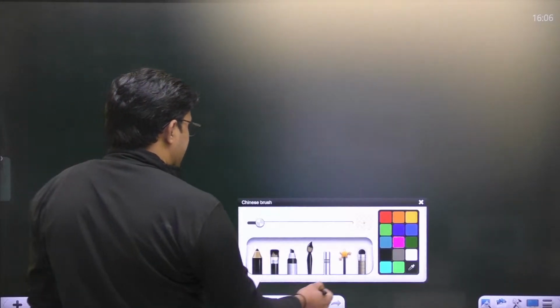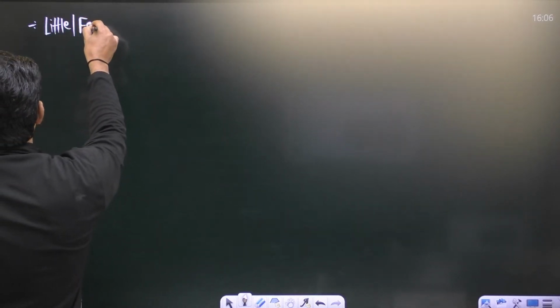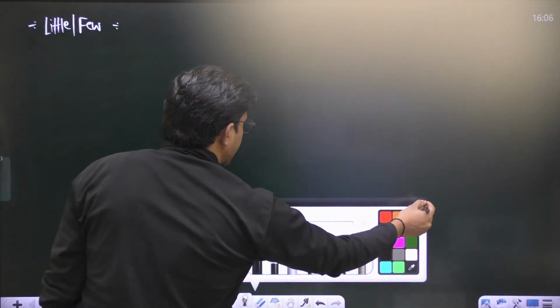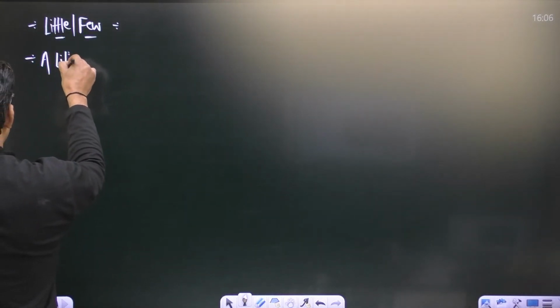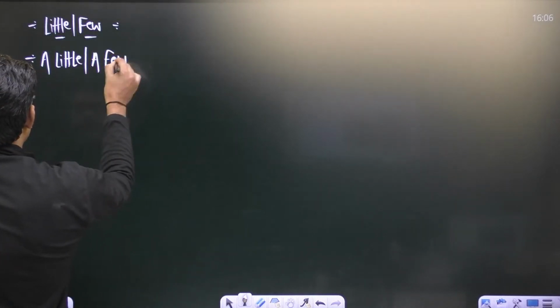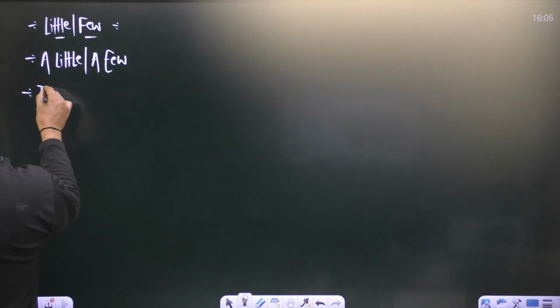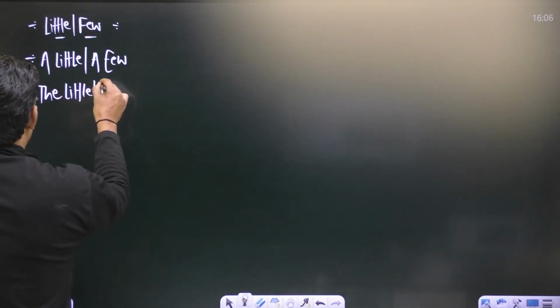In the last lecture I told you something about little and few. Both determiners are used to show the sense of no. The first words were little and few, the second were a little and a few, and the last were the little and the few.